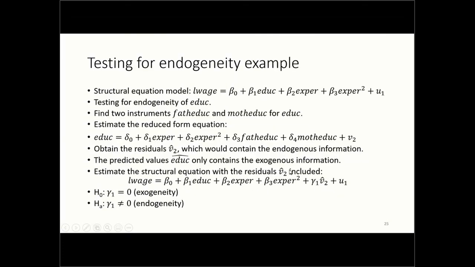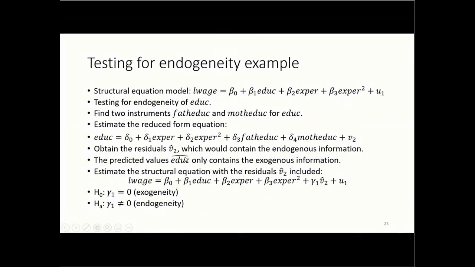Okay, so applying it to our example, this is the structural equation model that we have here. We would test for the endogeneity of education with two instruments for education, father's education and mother's education. And we would be estimating the reduced form equation with the exogenous variables from the original model and the two instruments.